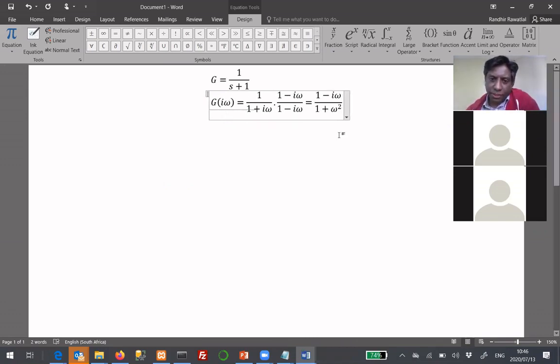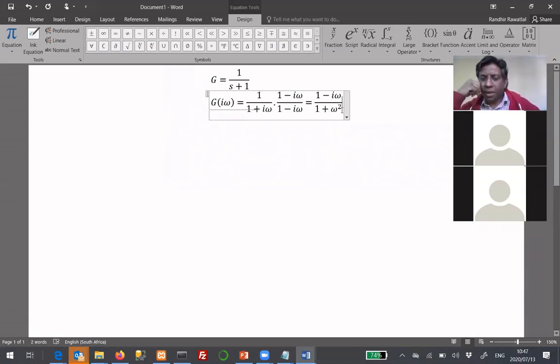Right, so that's G of I omega. Now the denominator is a real number only, and only the numerator is a complex number. And so we can see here the real part is 1 over 1 plus omega squared, and the imaginary part is omega over 1 plus omega squared.